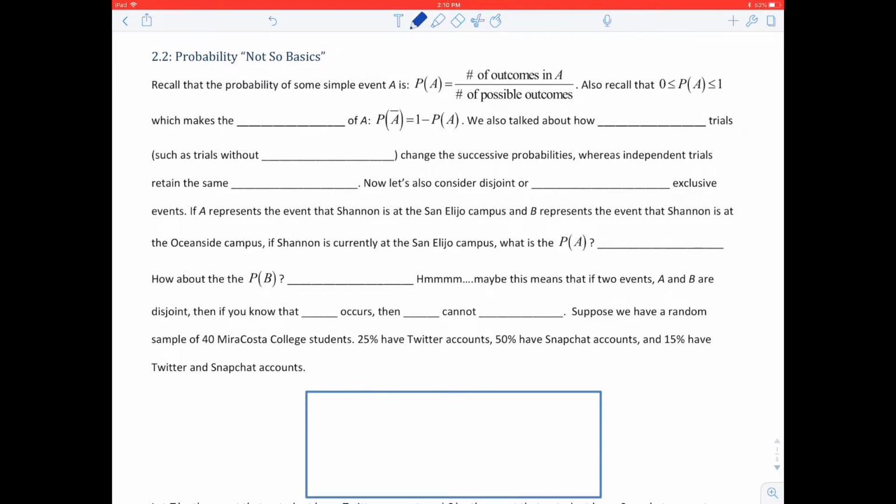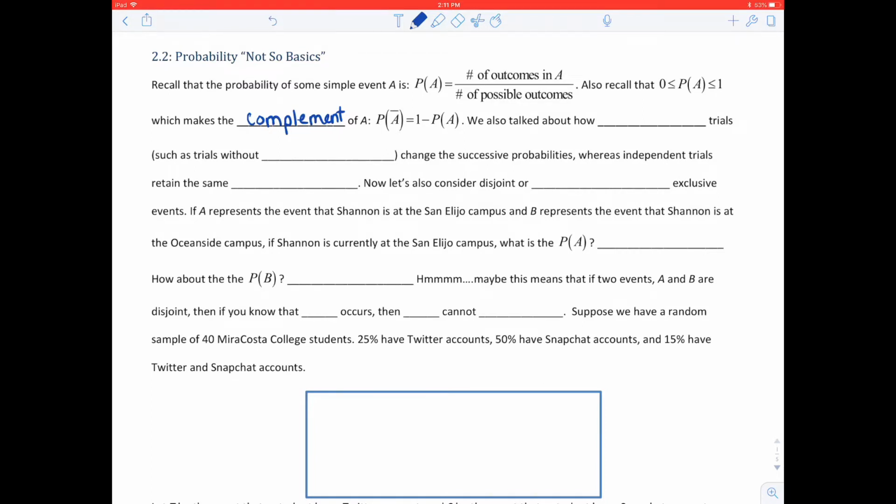The complement of A, which we touched on a little bit last time, is denoted by the A with the line over it. So the probability of the complement of A, or not A, is equal to 1 minus the probability of A. That's, of course, if there are just the two events.